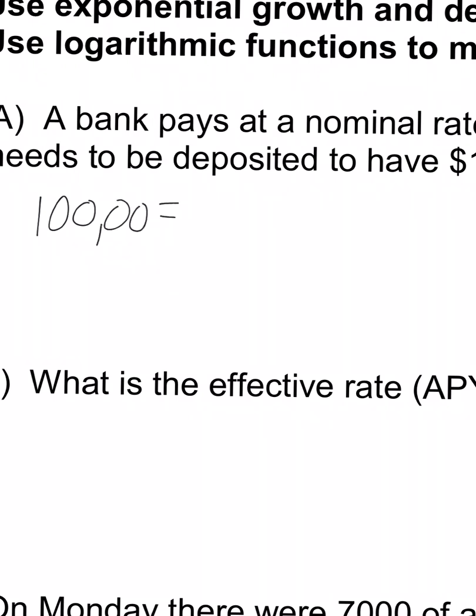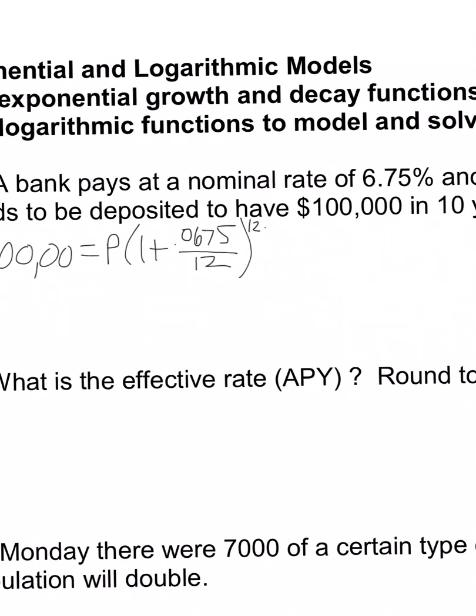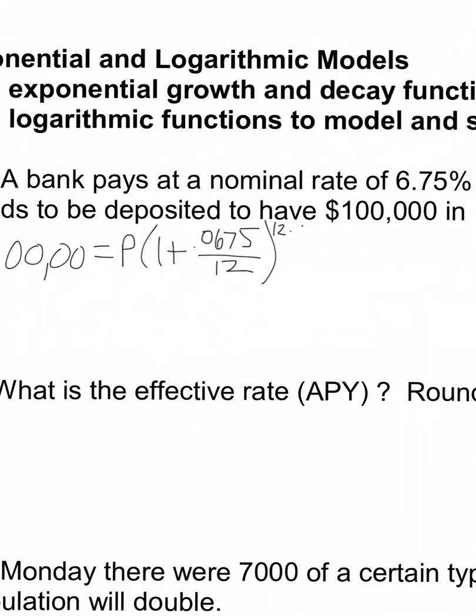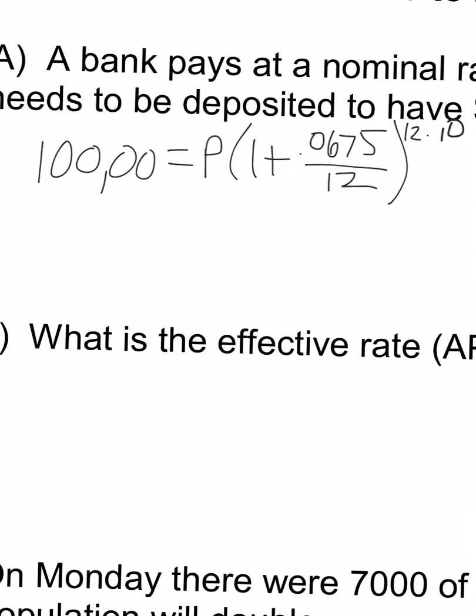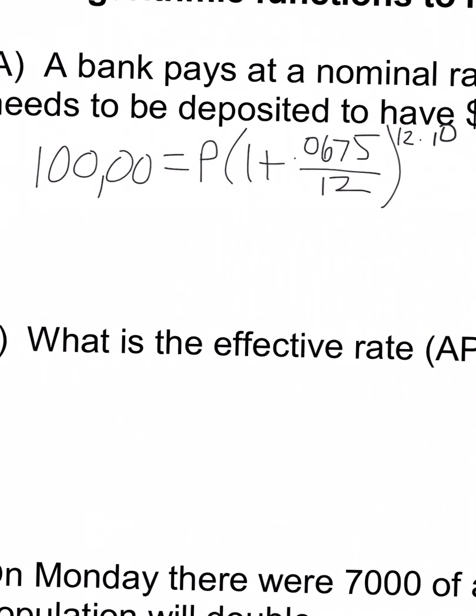So I'm going to plug in the 100,000. I have P, and I have 1 plus a rate of 6.75%, so it'd be 0.0675, divided by 12 since it's compounded monthly, and then our n again is 12, multiplied by the time. The time is 10 years, so I have a 10 in the exponent for the t. So the basic way of solving this, if you look, we have a P with all of that jazz, which is just a number, so it's P times that, so we want to divide by that.